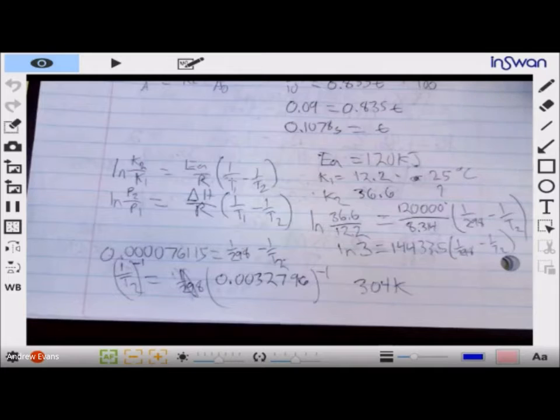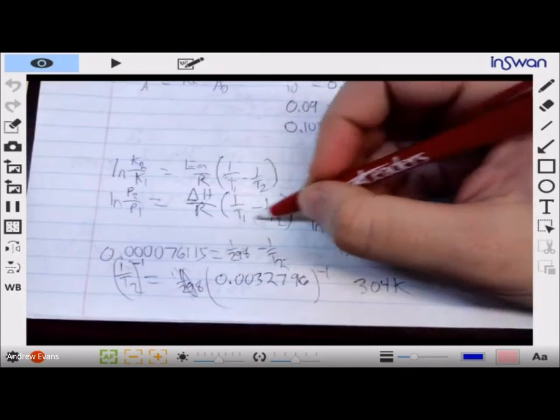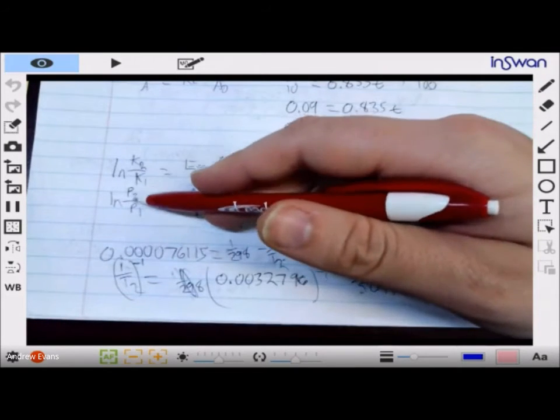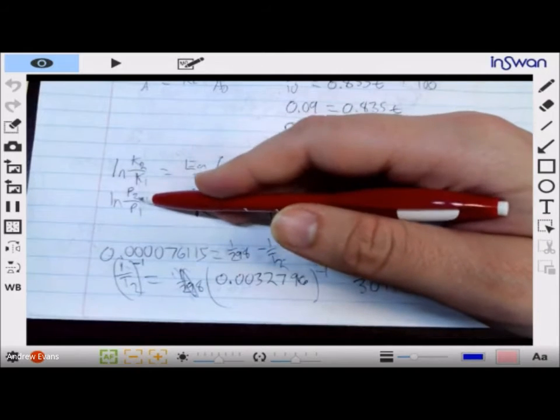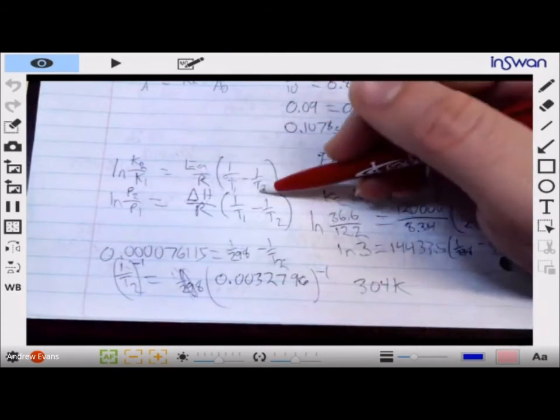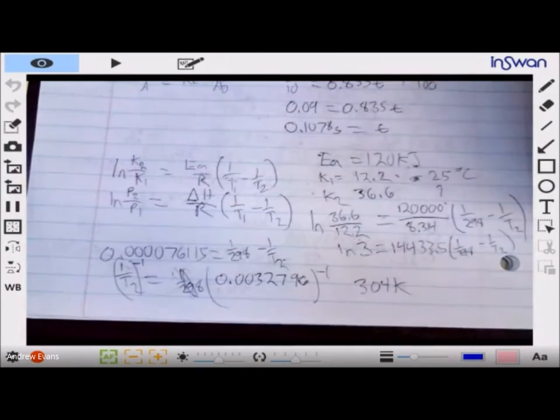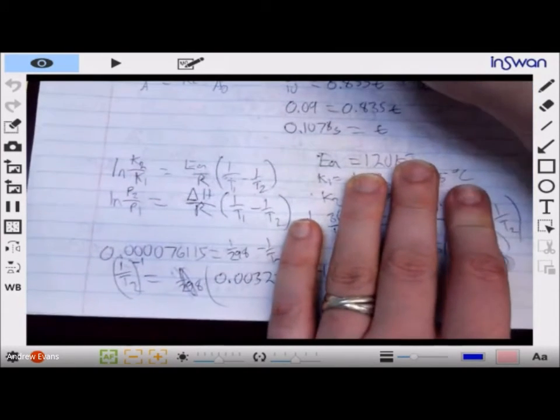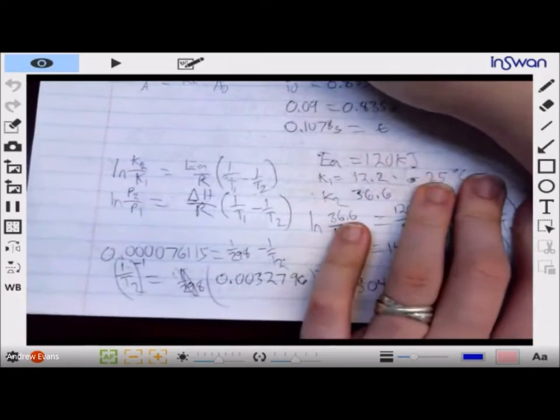The same thing would hold true if I was asking about the vapor pressure. It doesn't matter what the units of the vapor pressure are, they can cancel out without any problem. I'll do one more problem like this just to show you what happens if I wasn't given the pressures.